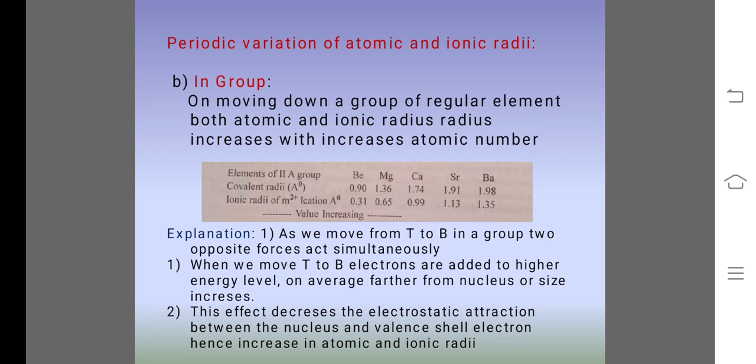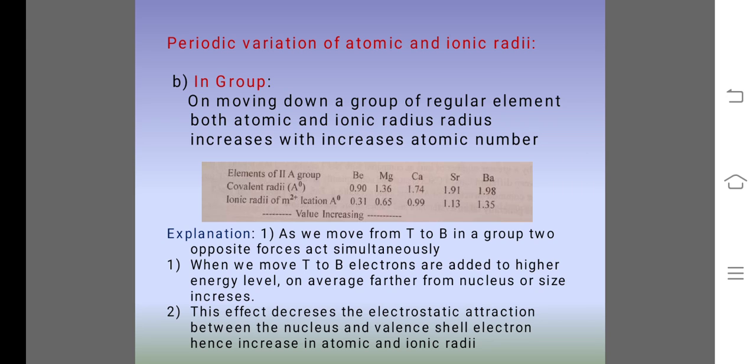The explanation behind that is, as we move from top to bottom in a group, two opposite forces act simultaneously. One, when we move top to bottom, electrons are added to a higher energy level, on average farther from the nucleus, so the size increases from the nucleus to the outermost electron. And the second one, this effect decreases the electrostatic attraction between the nucleus and valence shell electrons, hence atomic and ionic radii increase.